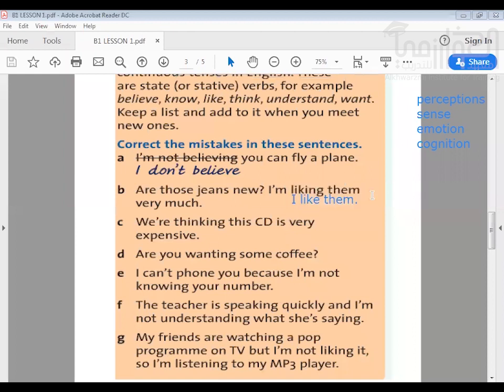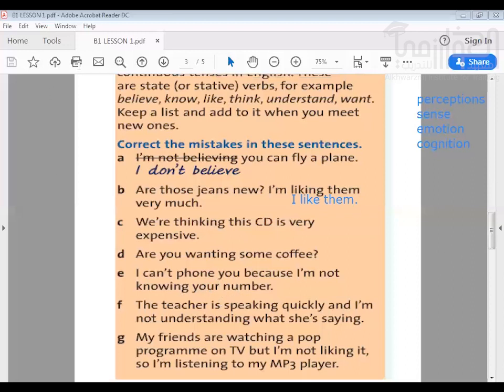So we don't say I'm liking them. And then, we are thinking this is very expensive. No, we say what? We think. And then here, are you wanting? No. We say what? Do you want? And then we have the next one. I can't phone you because I'm not knowing your number. We'd say what? I don't know your number.